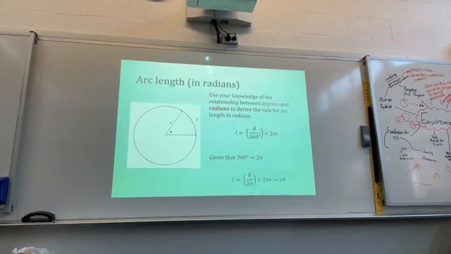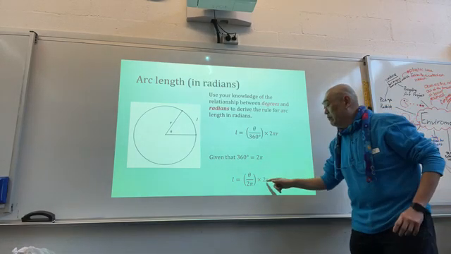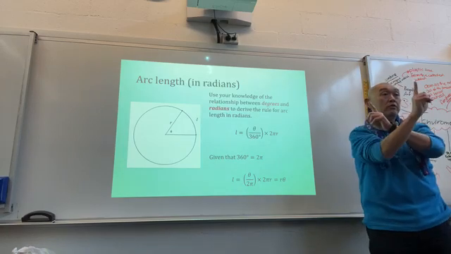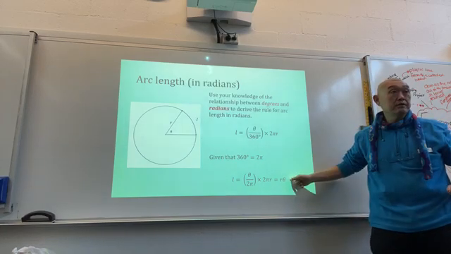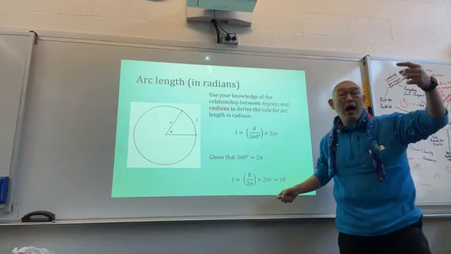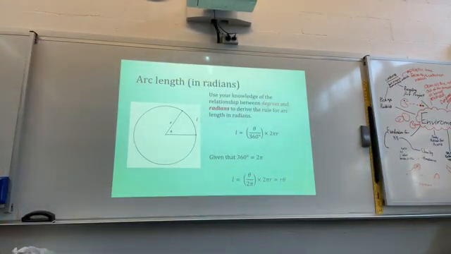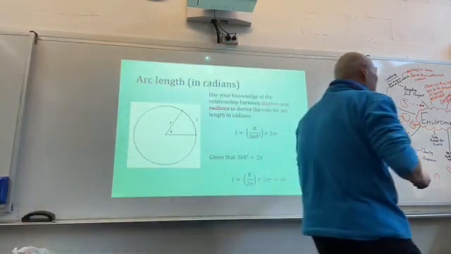That's it. The reason why we don't have to worry about the 2 pi now is that the pi is taken into account when it's converted to radians. You've taken the pi into account. So therefore, it's just r times theta that will give you the length of the arc. Alright.